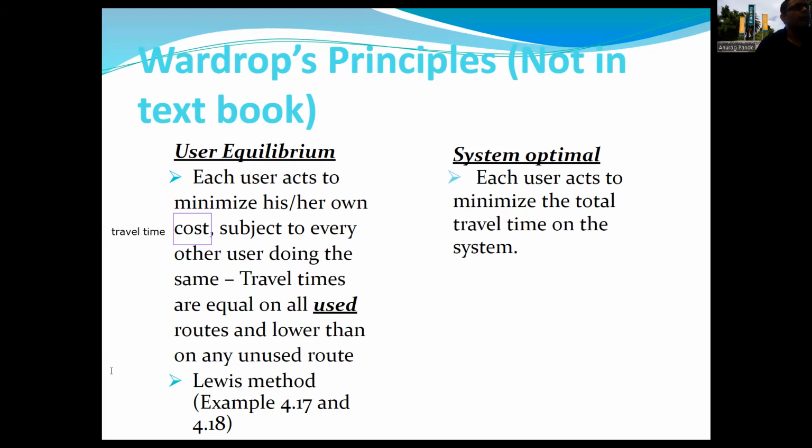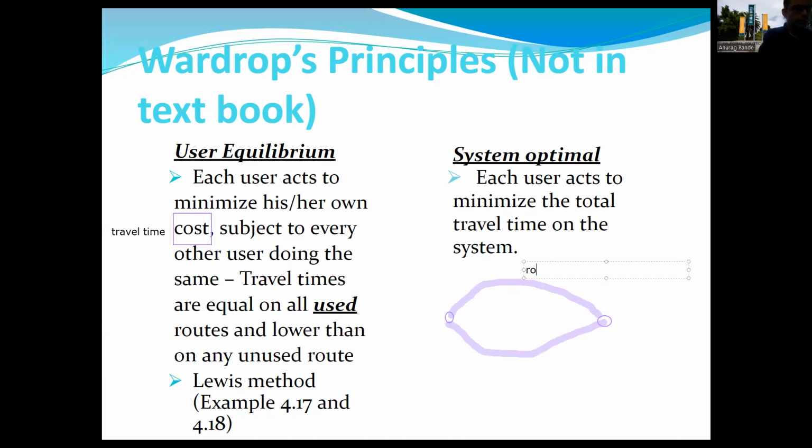This two route problem, with a linear link performance function. If you have this origin and this destination, and then you have these two routes here. Origin to destination, I have two routes.